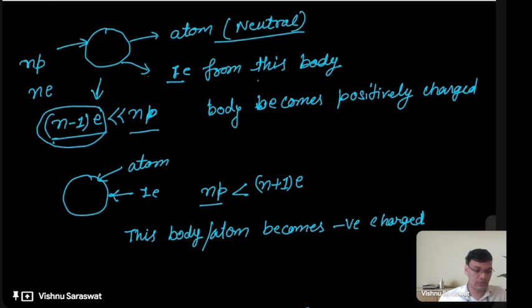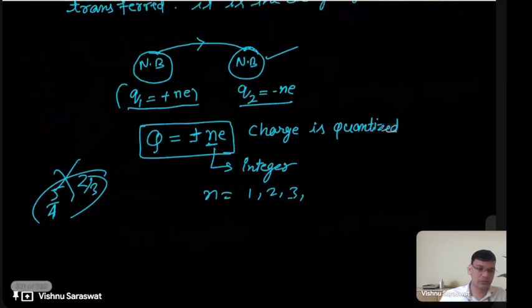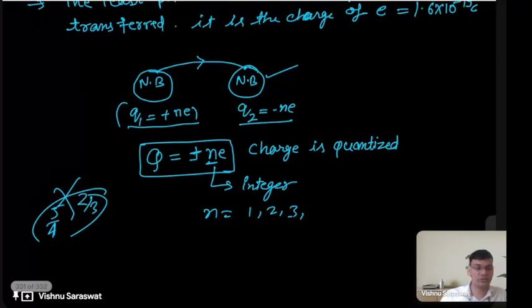And in the second example, if we add electrons to this body, the number of electrons is in excess compared to the protons, so the body becomes negatively charged.